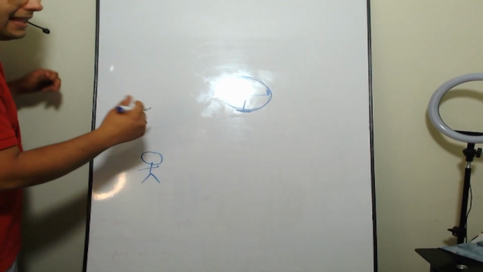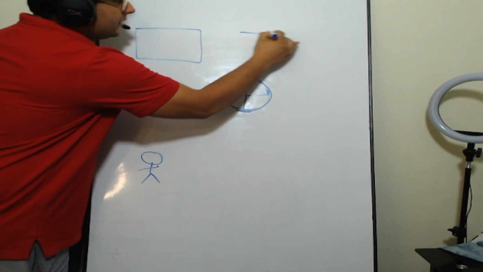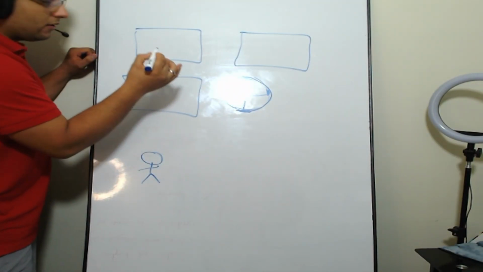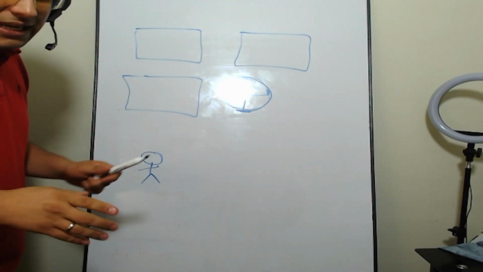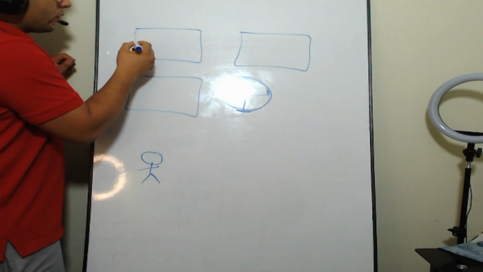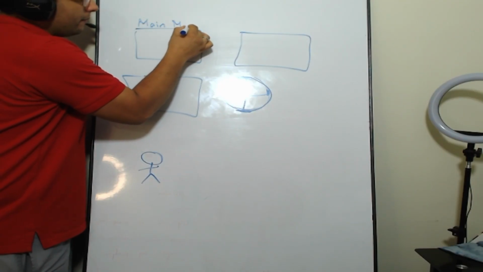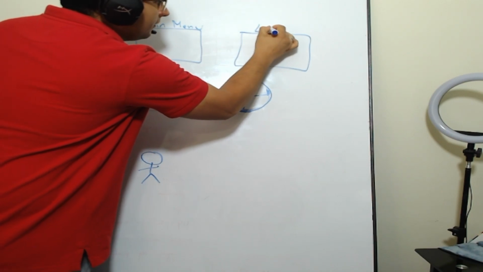So let's imagine that we have three different squares here. 1, 2, and 3. And each one of these squares will be representing something particular, okay? So our first square is going to be our main menu. Our second square will be our level.